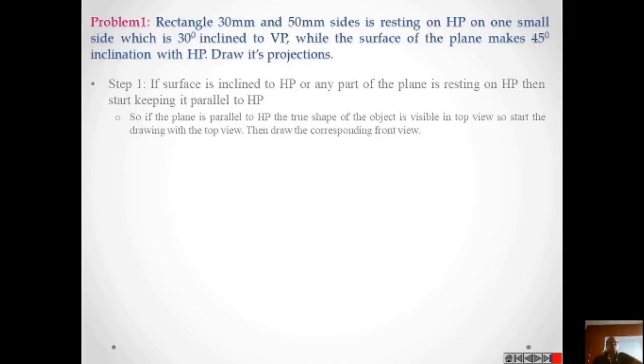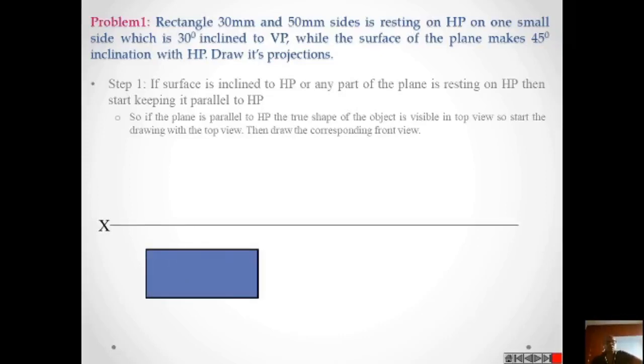Now, if we keep a plane parallel to HP, as we discussed in the previous discussion, if you see from the top, you will see the true shape of the object. So, first we will draw the top view, the true shape of the object.